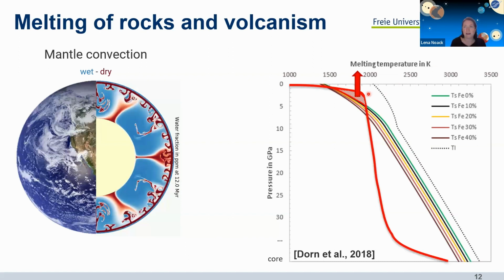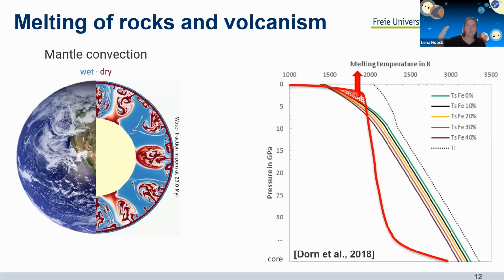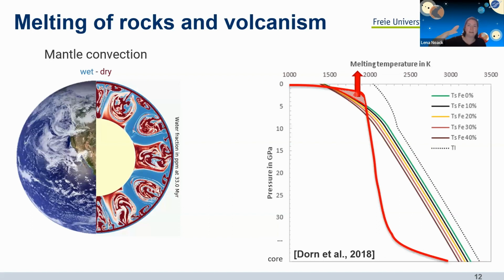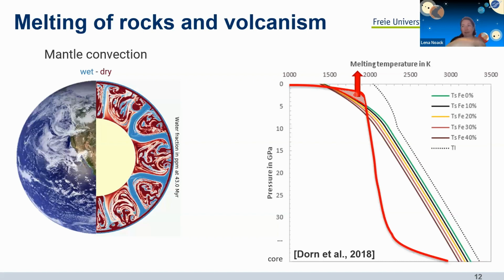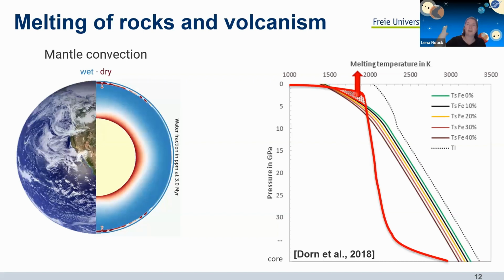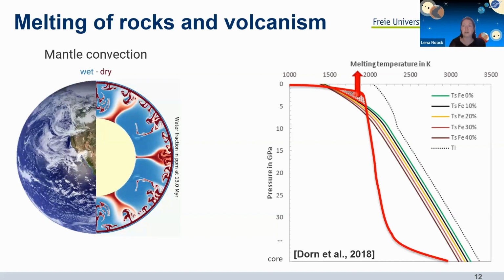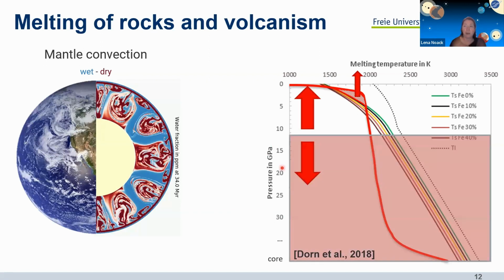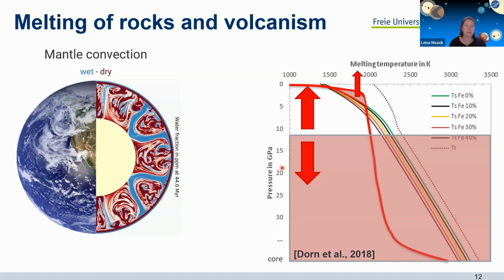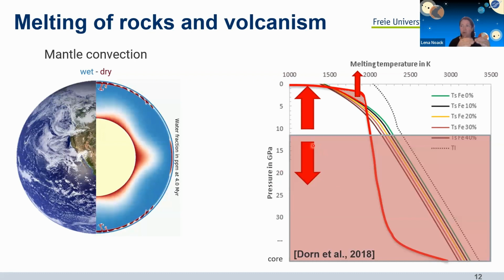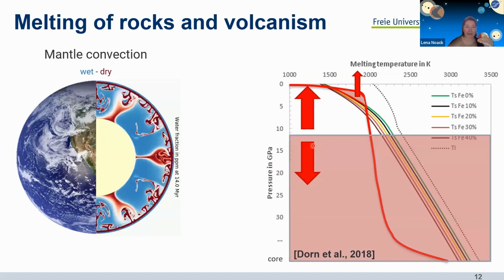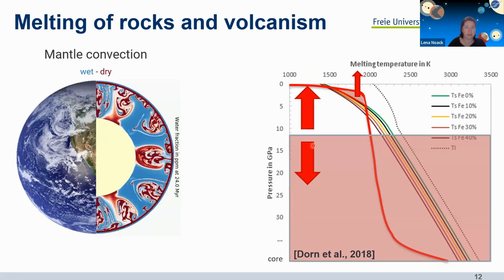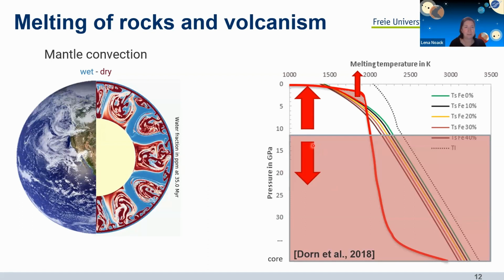And if it's high enough that this is happening, the melt will rise to the surface. And if we had volatiles in the mantle, it will take the volatiles along and outgas them, so push them into the atmosphere. This, by the way, depends a lot on where the melt is produced. If the melt is produced a little bit too deep, it will sink back in and not contribute to melting, not contribute to outgassing.